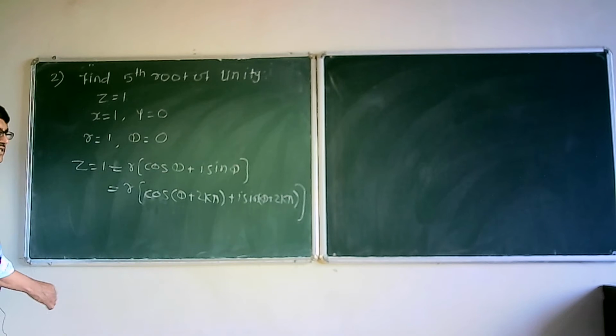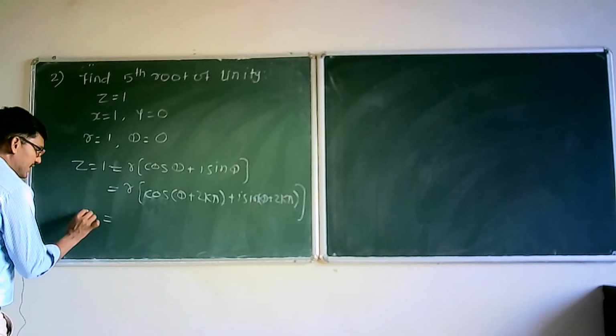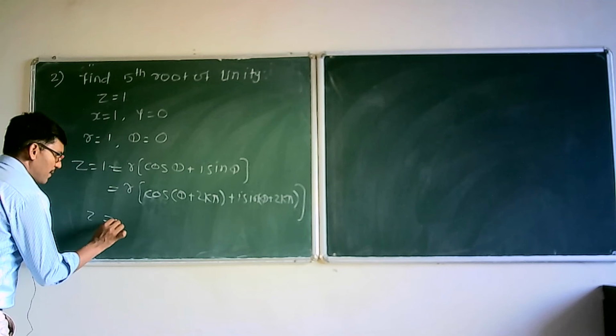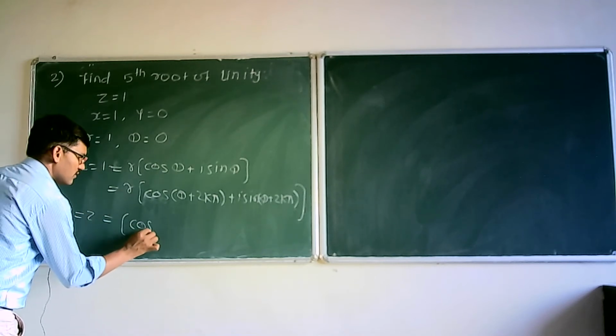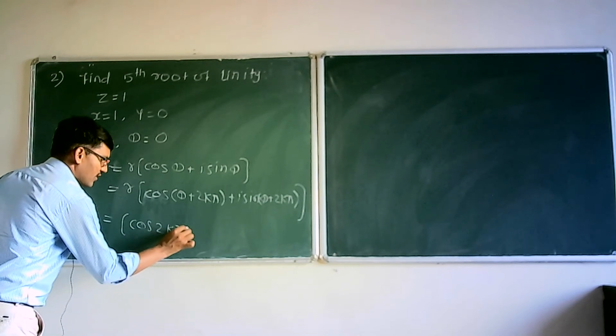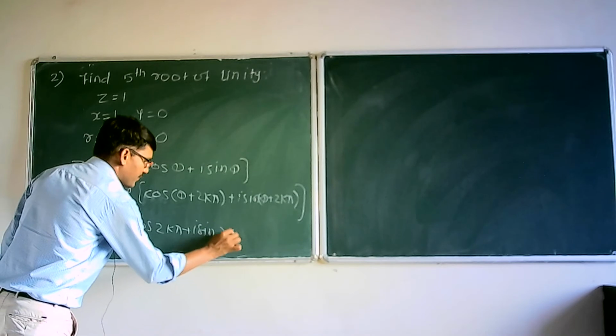But here theta is 0, r is 1, so z is equal to 1, which is equal to cos 2k pi plus i times sin 2k pi.